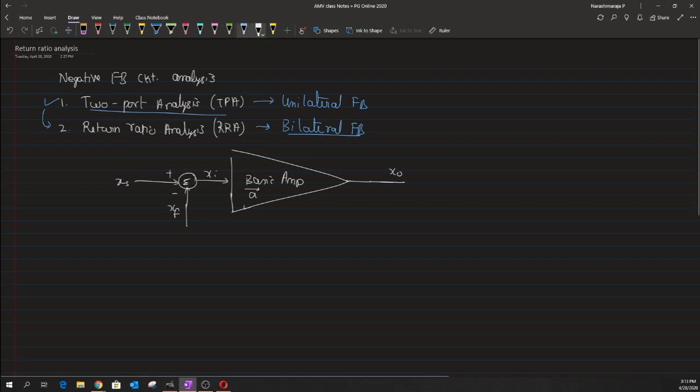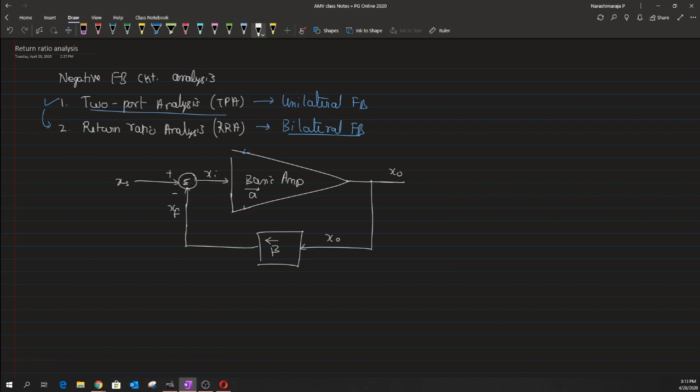Okay, and we assume that this basic amplifier is unidirectional. There is no signal transition from X naught to Xi, so this has not been considered. And that's the reason why we say that the two port analysis is basically unilateral. So we always assume that the signal flows from Xi to X naught, and even in the case of feedback, we were using this beta with an arrow pointing from right to left, where the signal input is fed from X naught and a fraction of the signal is fed back as Xf.